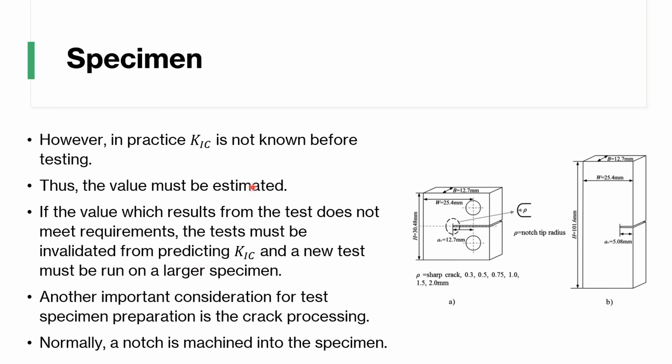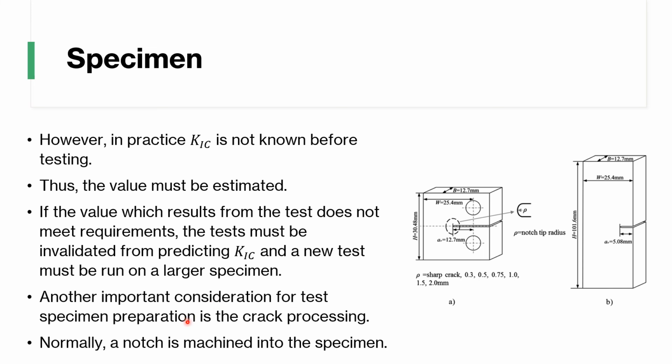Because we're predicting KIC, if the value from the test doesn't meet the requirement, you just have to throw it out, and you're going to run a new test, and you will use a different, larger specimen.